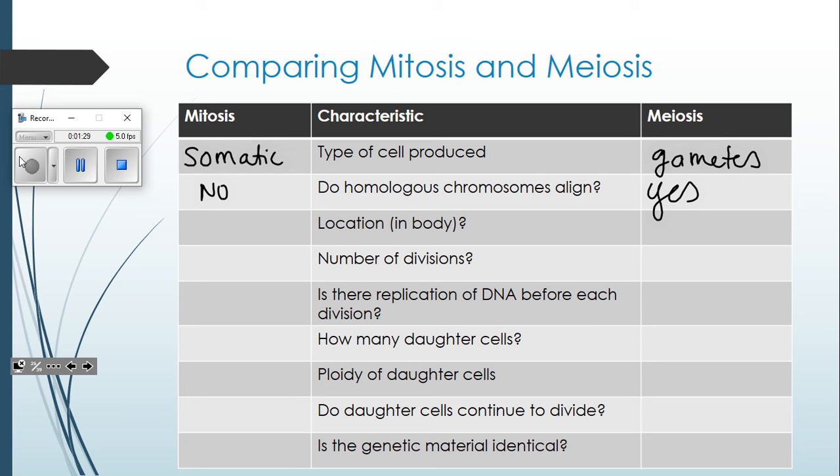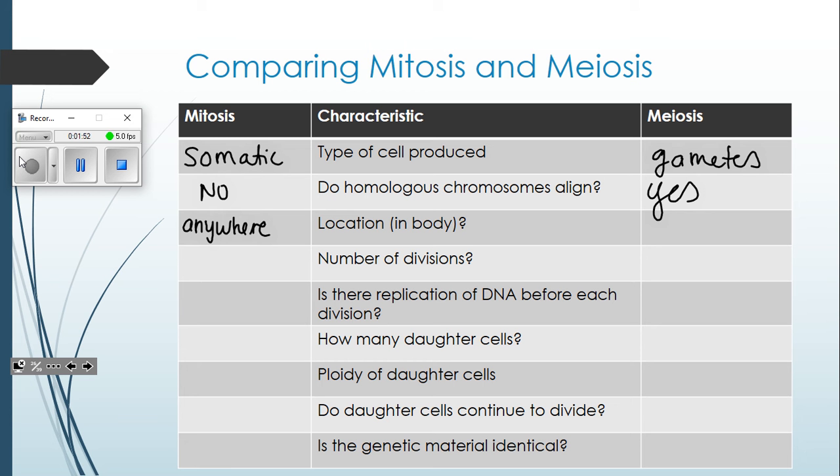The location in the body, a few of you asked me about this because I think you were just looking for the right words to describe this. For mitosis, I saw somebody write this, but really anywhere. Remember I said it could be a muscle cell, bone cell, liver cell, skin cell. Basically anywhere you could see mitosis happening.